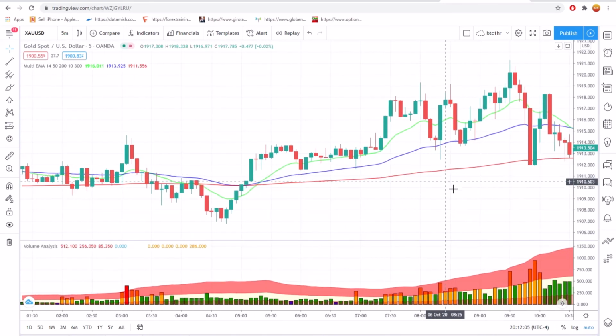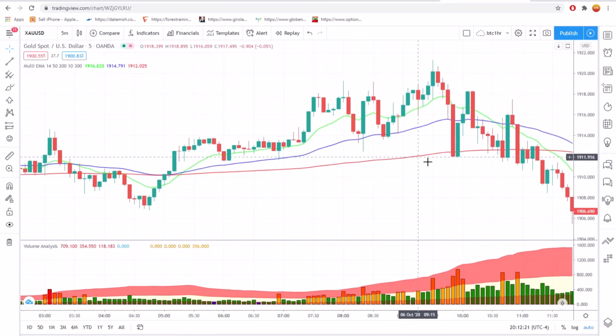As volume increased, it took to the high, and the reaction was to push back down. Volume increased, the reaction pushed back down, could not break. Then you had the fake break, which I love to call out and tell people to be careful of these, because this is what market makers do.